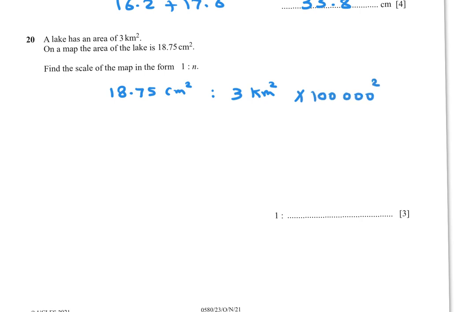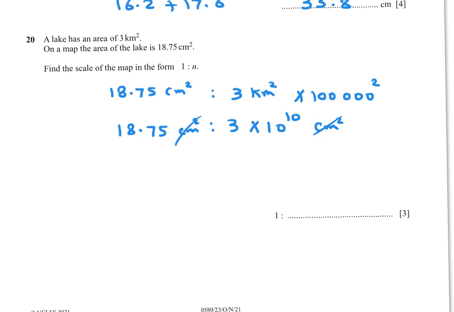So now this number will be 18.75 centimeters squared, and the other one 3 times 10 to the power 10 centimeters squared. Now we have the same unit, so we can cancel the unit. So the ratio between them is 18.75 to 3 times 10 to the power 10.